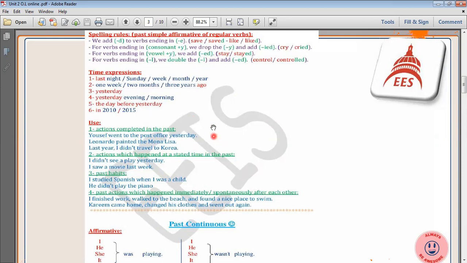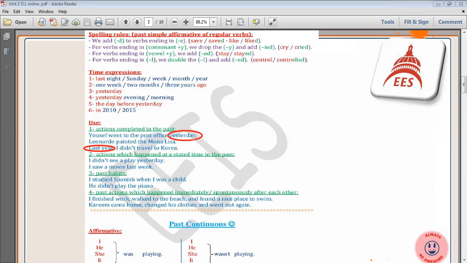But you have to state the time when the action happened. Like Yusuf went to the post office yesterday. So here we have stated the time, right? Look, we have yesterday here. Okay. Here we have last year I didn't travel to Korea, you have like stated time and this action finished in the past.